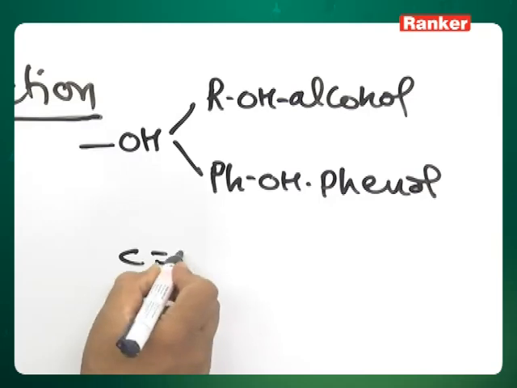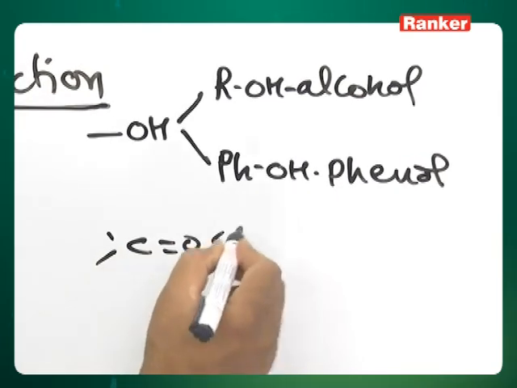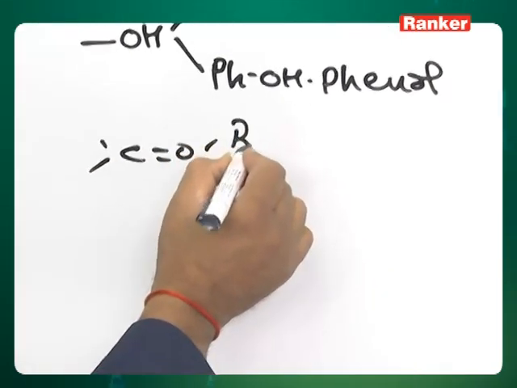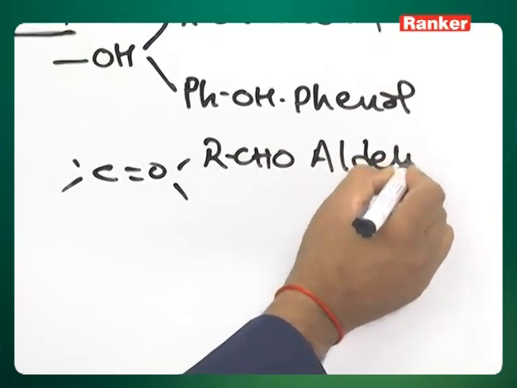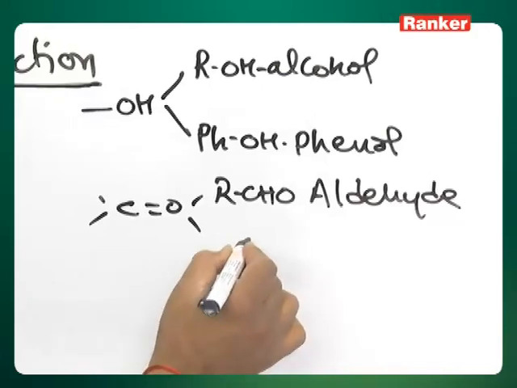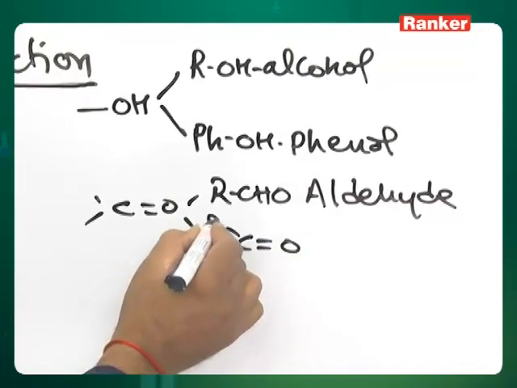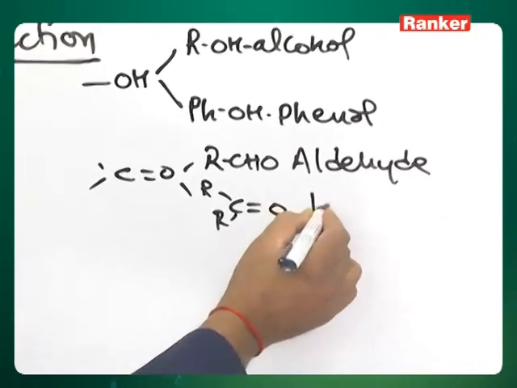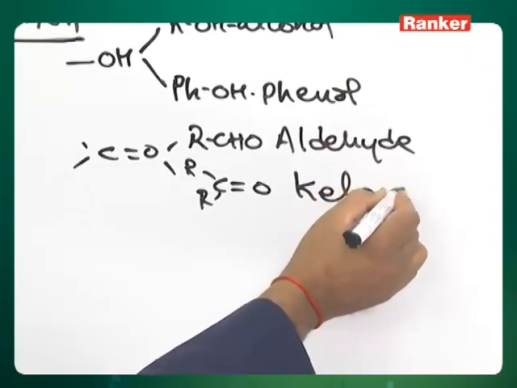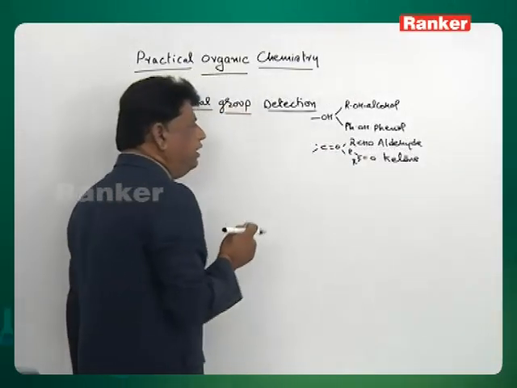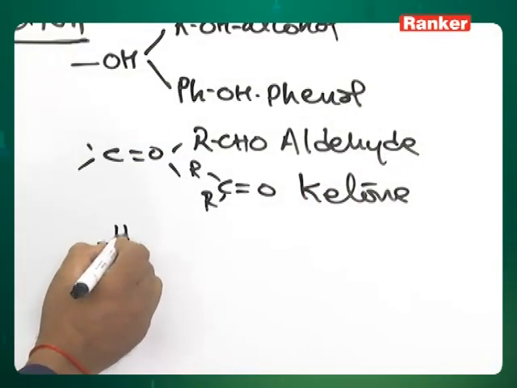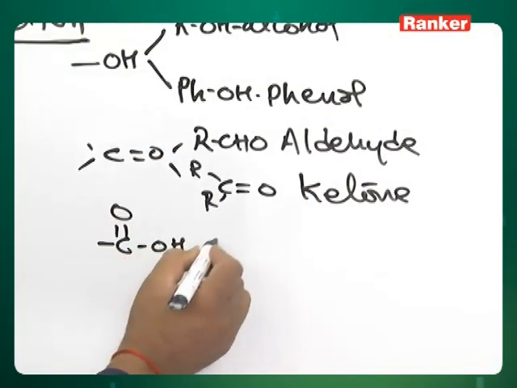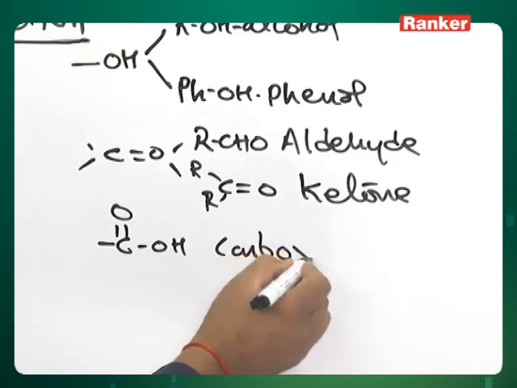We have 2 carbonyl functions, specifically the RCHO function is called aldehyde function, and the CO with R's on both sides is a ketone function. So alcohols, phenols, aldehydes, ketones, and then a carboxylic acid, RCOOH.